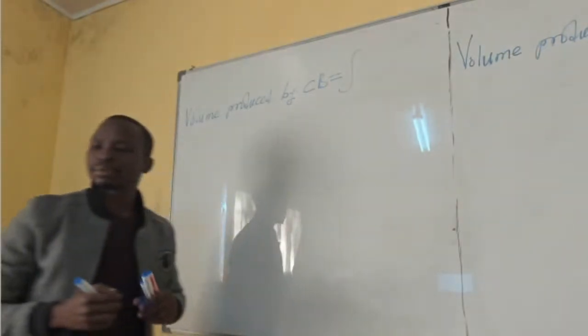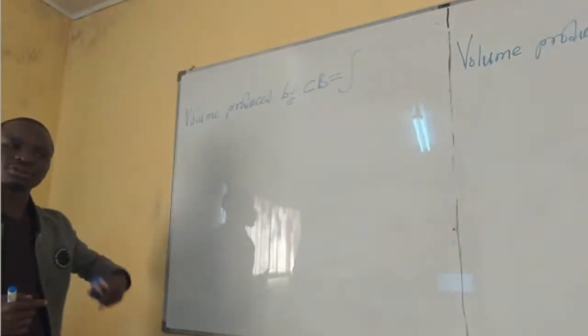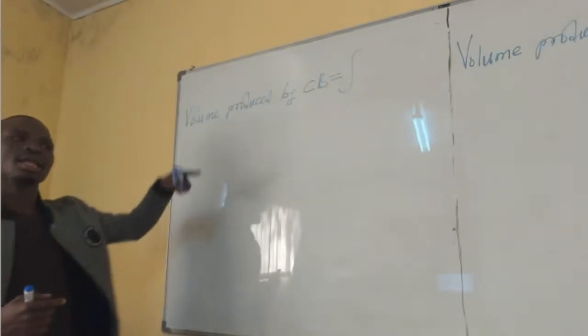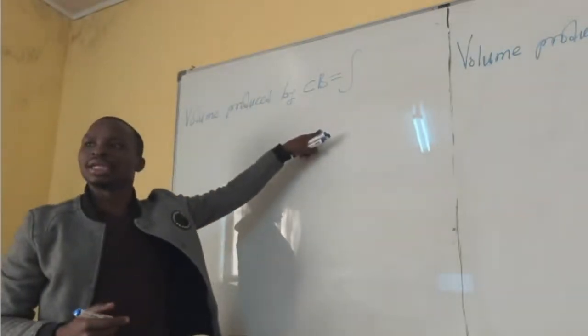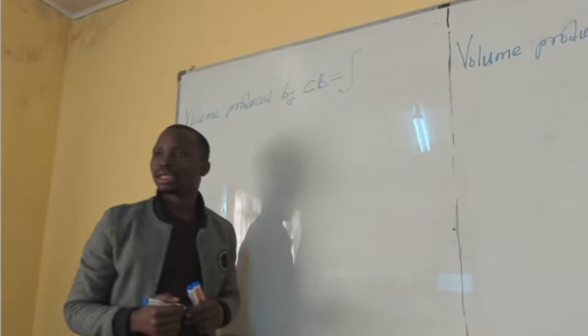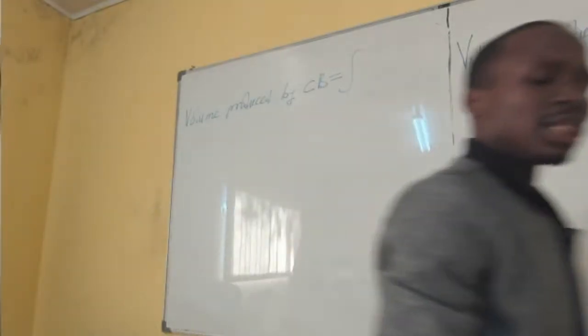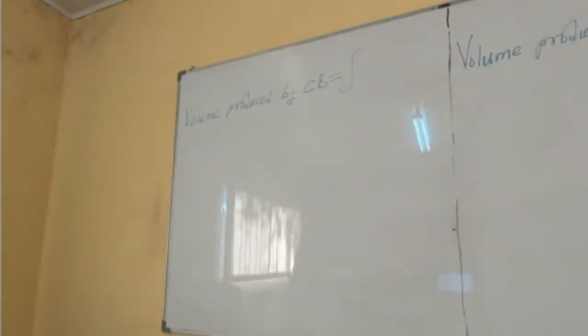Now, if you look at from C to B, the x-coordinate of point C is 1, the x-coordinate of point B is 3, isn't it?